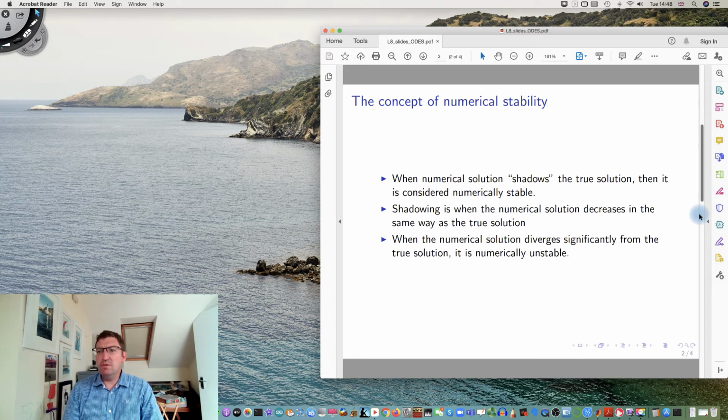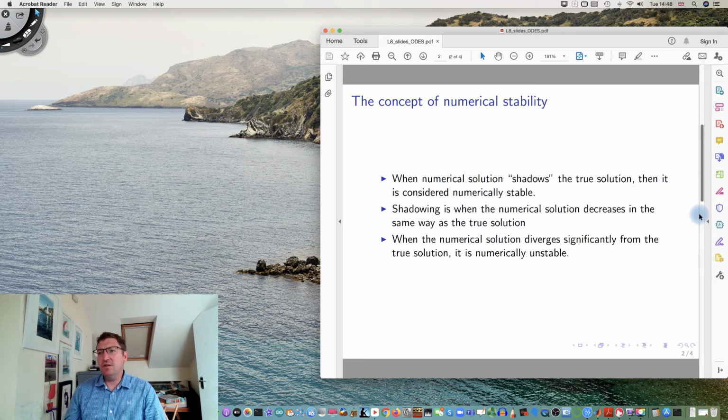Numerical stability is probably one of the trickiest sometimes, but once you've got the hang of it, then it's not a problem. So I'm going to start with a qualitative example, and then go on to show a quantitative example in the next video.